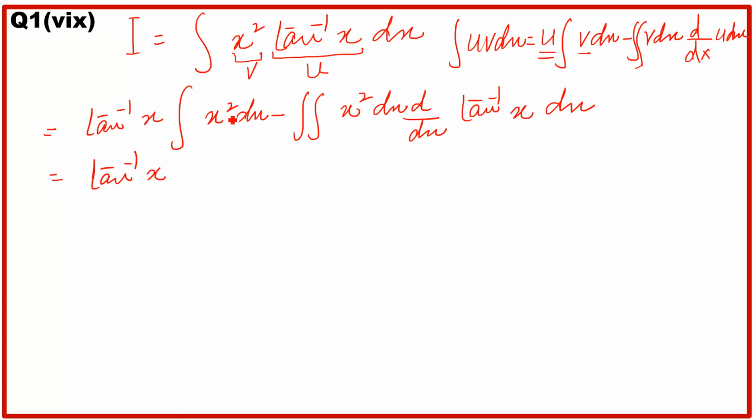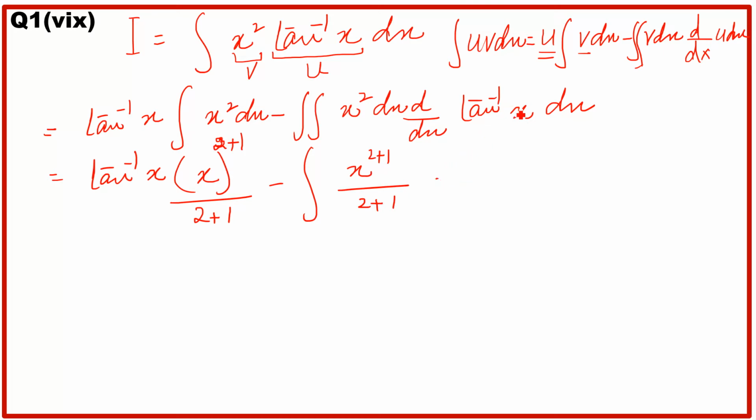Whatever the power is, 2, you have to add 1, so the new power is 2 plus 1, and you have to divide by this. Minus integral, same thing here, x to the power 2 plus 1 divided by 2 plus 1.